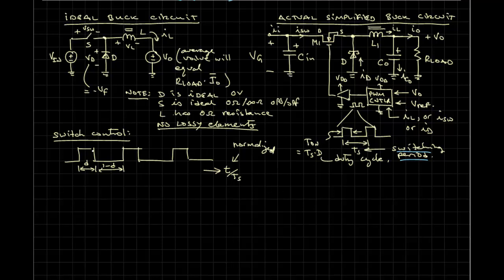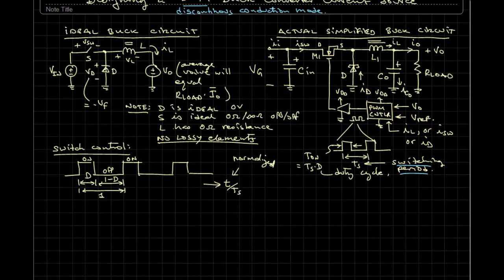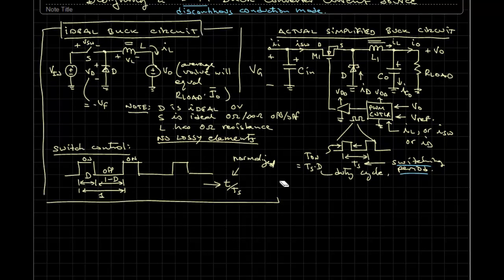So now I can just define duty cycle D, and then 1 minus D, and the period is 1, right? Of course, the period is actually T_S. So the transistor is on here, the transistor is off here, it's on here, and so forth. Okay, so that is our ideal circuit.